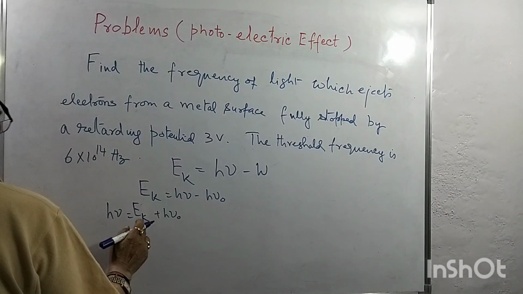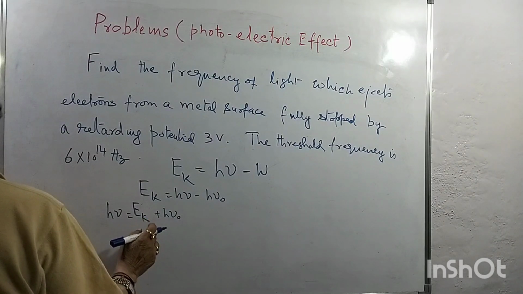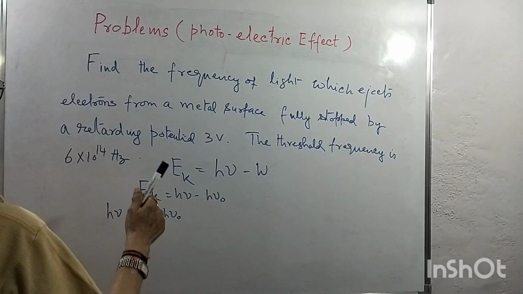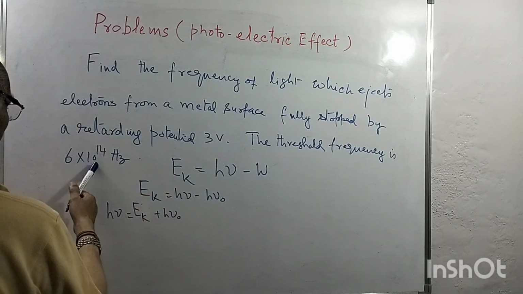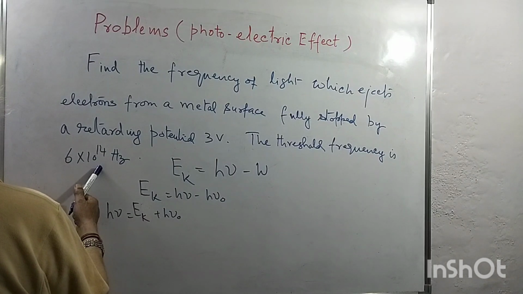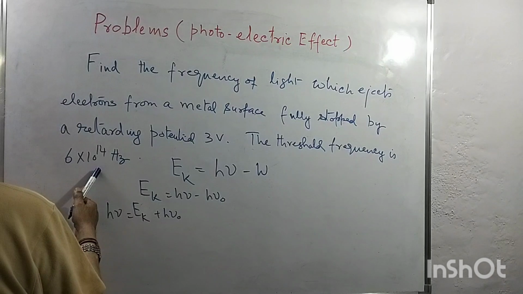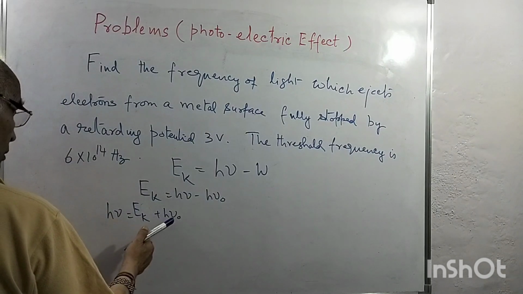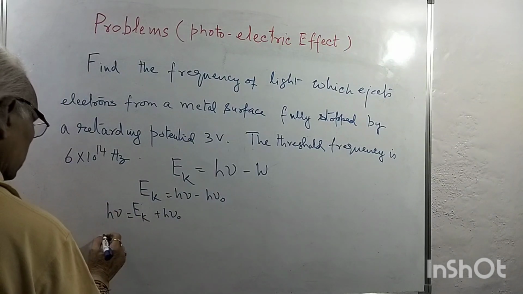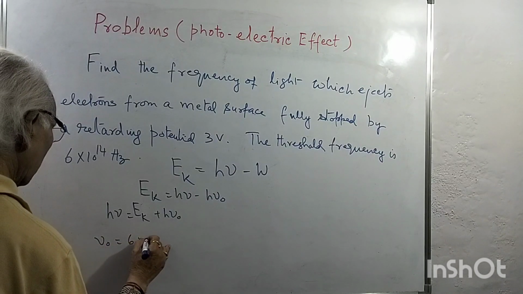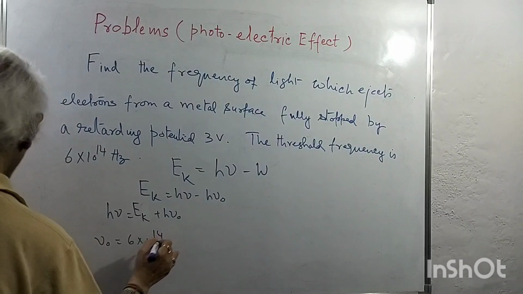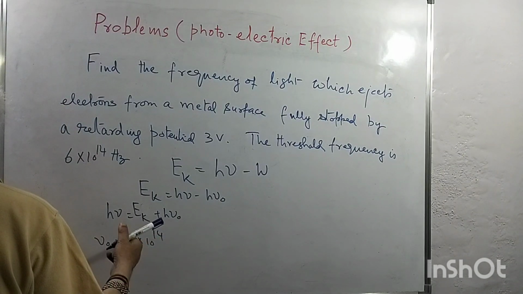The threshold frequency is given, so you can find this. Nu naught is 6 into 10 to the power 14. Nu naught is given here.